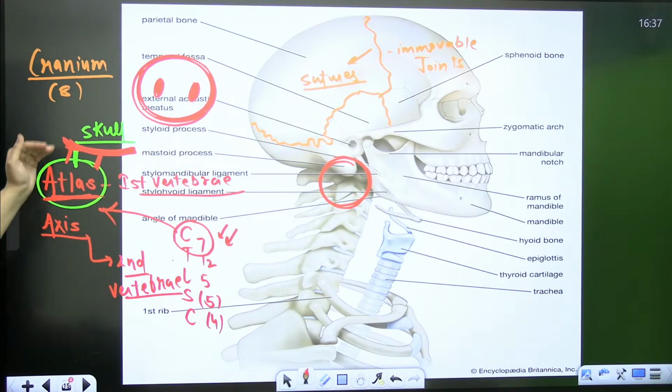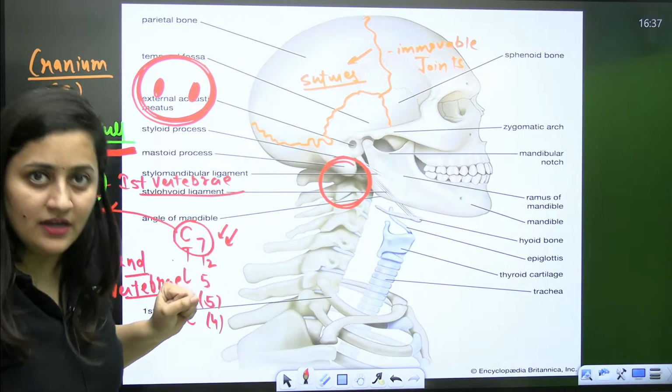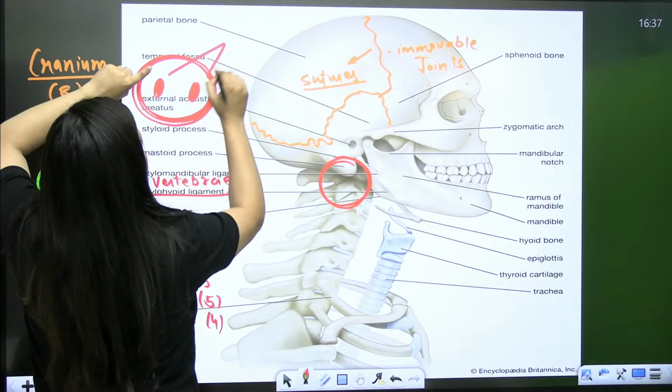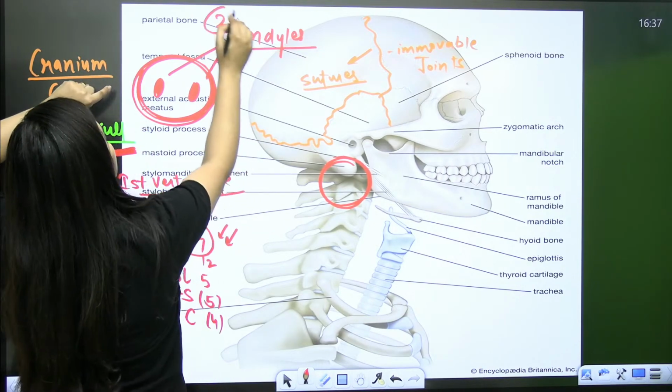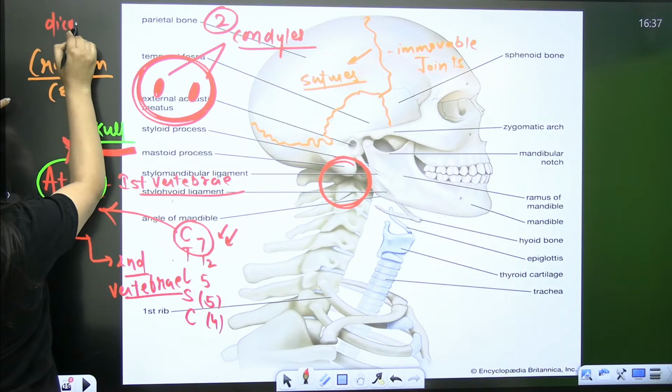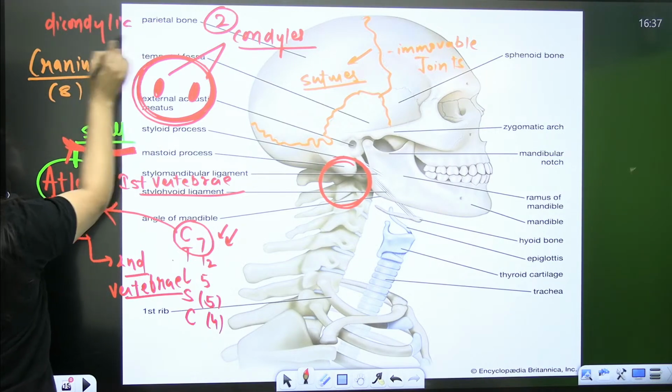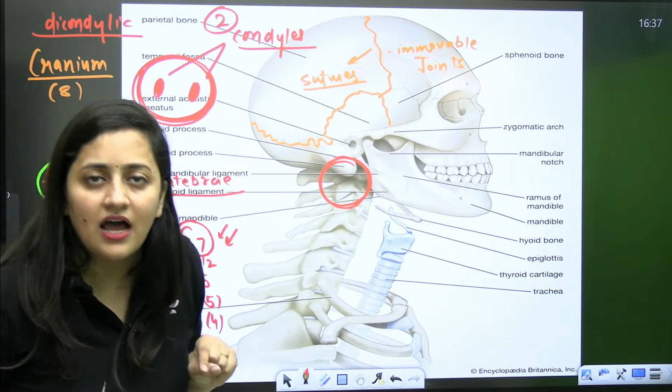Are you getting it? Because we have 2 condyles here, that's why the skull is dicondylic.